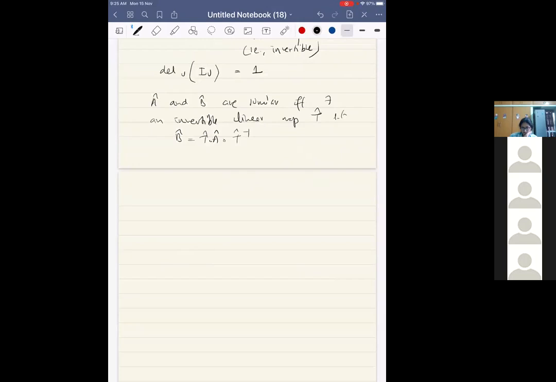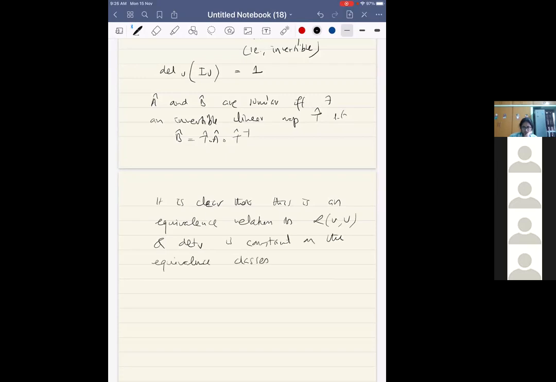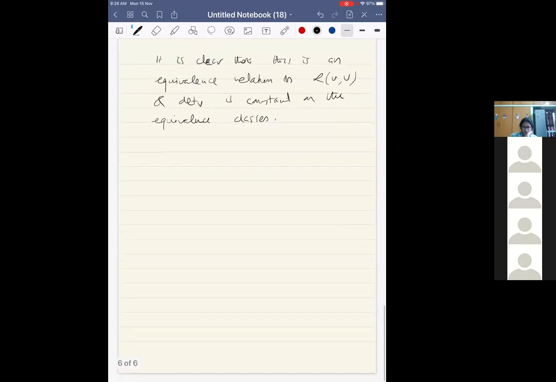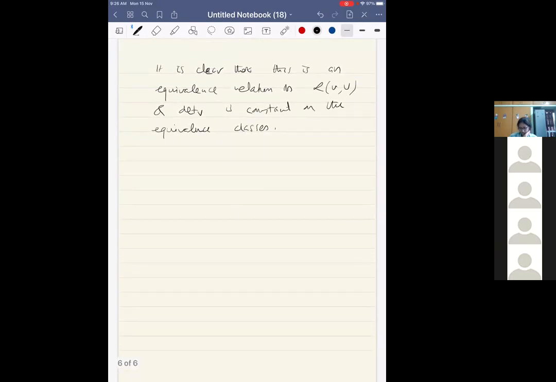And again, from all that, it is clear that this is an equivalence relation on L(V,V), and det_V is constant on equivalence classes. Okay, so how are we going to define det_V?